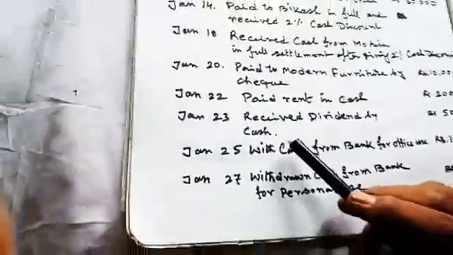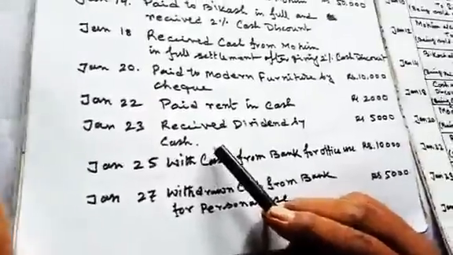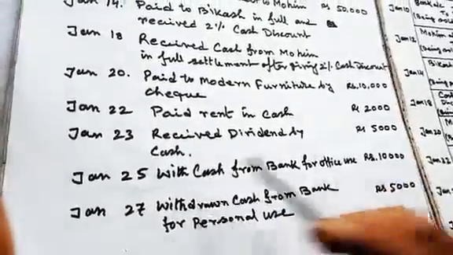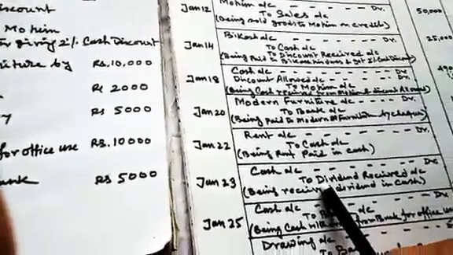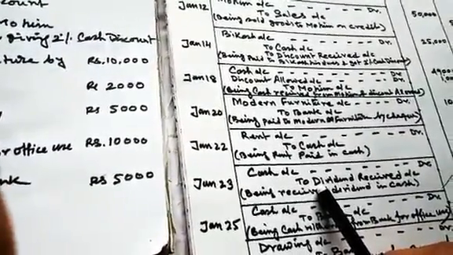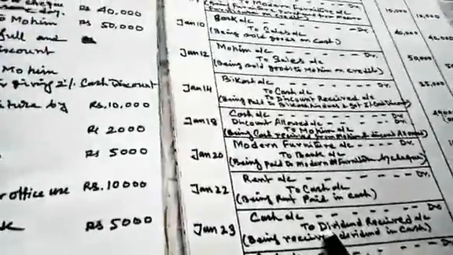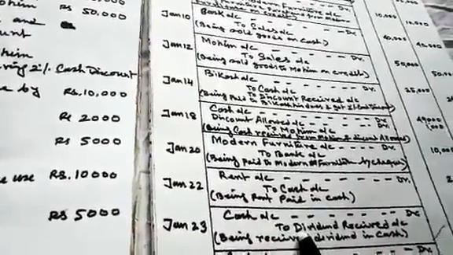Now the next transaction, January 23, received dividend by cash rupees 5,000. Now see, according to the golden rule, in case of nominal account, dividend is received.